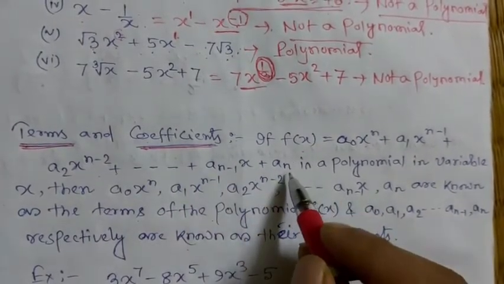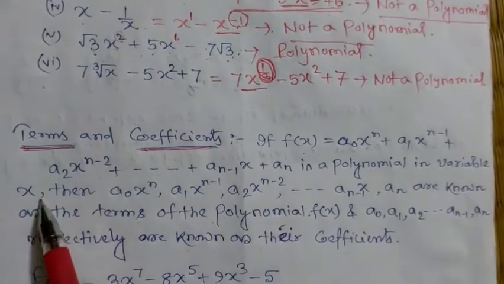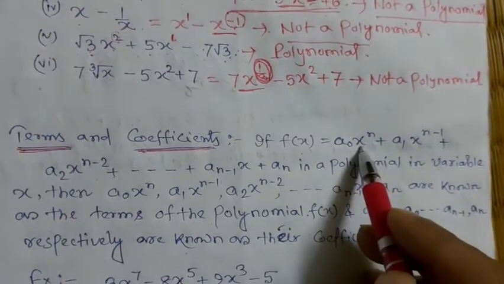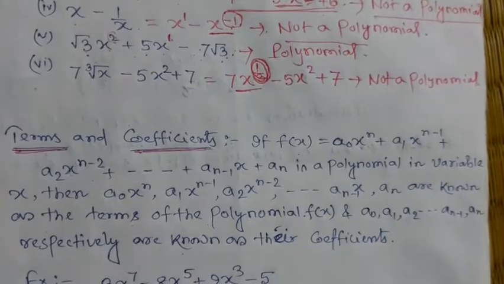This is the general form of the polynomial. So this is a polynomial in variable x. Here the variable is x in each case.